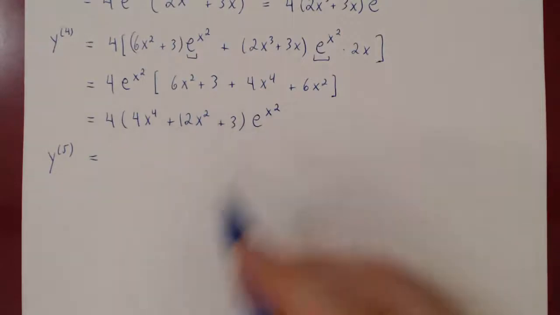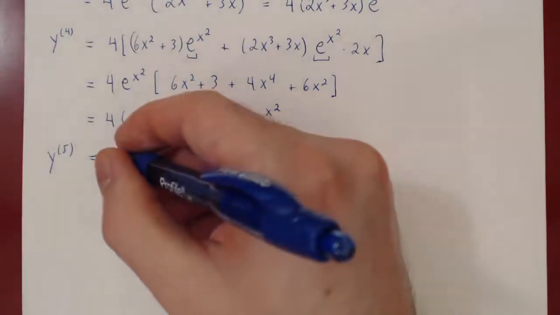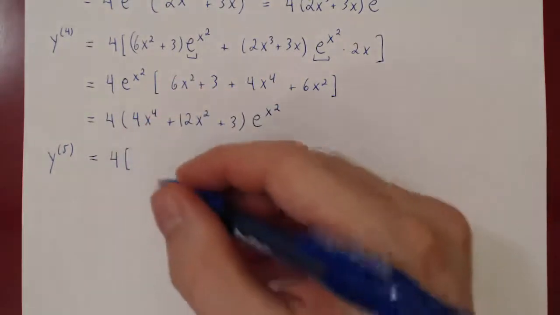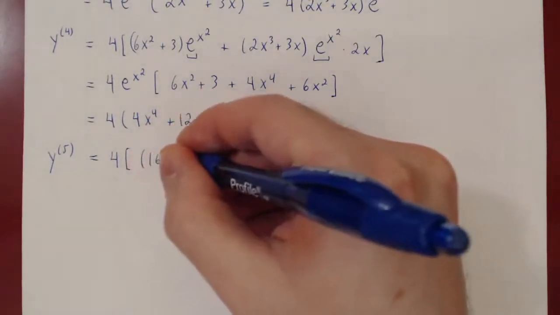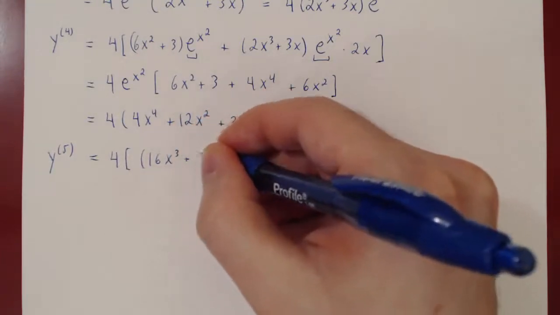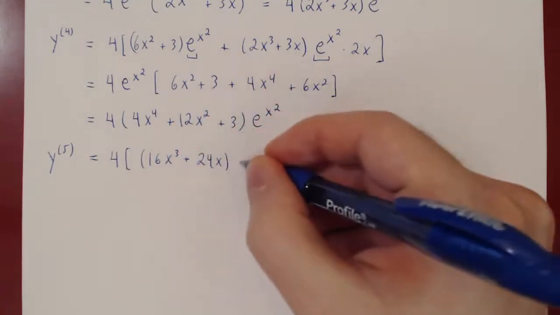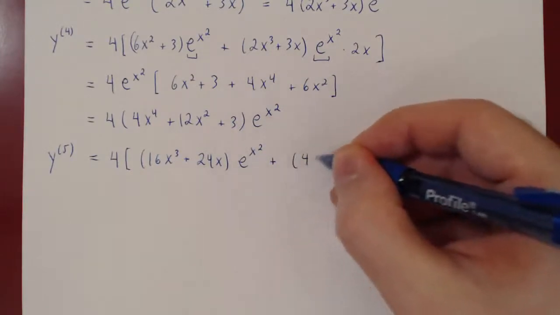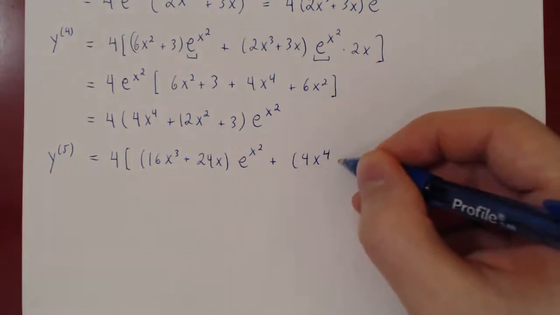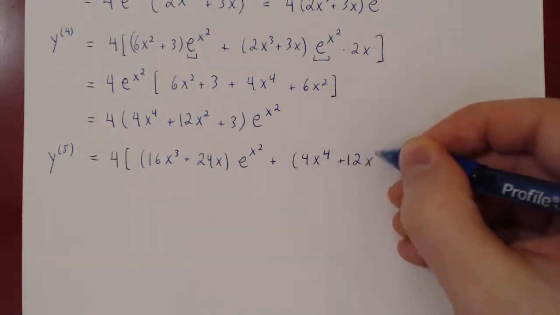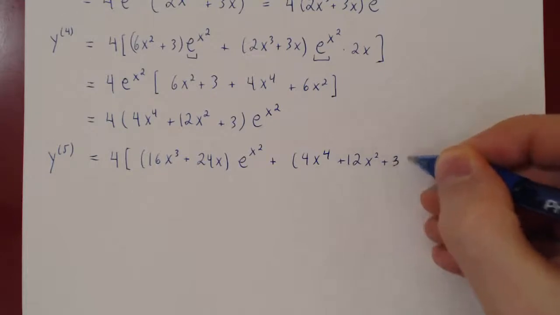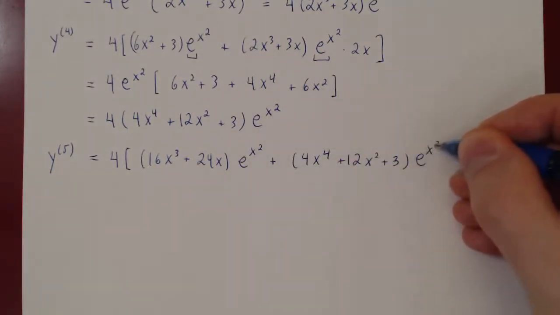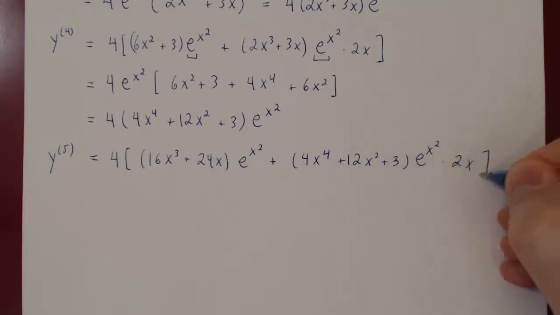We have a simple product rule. 4 is a constant multiple, so it stays there, times the derivative of the first function, 16x cubed plus 24x times the second function, e to the x squared, plus the first function, 4x to the 4 plus 12x squared plus 3 times the derivative of e to the x squared, once again by the chain rule, is e to the x squared times 2x.